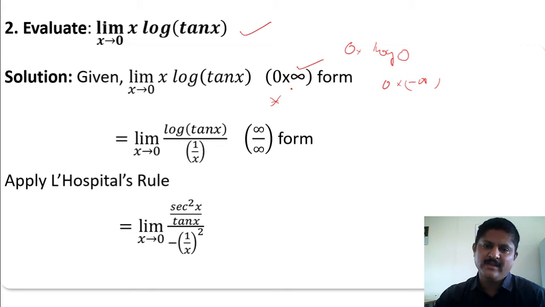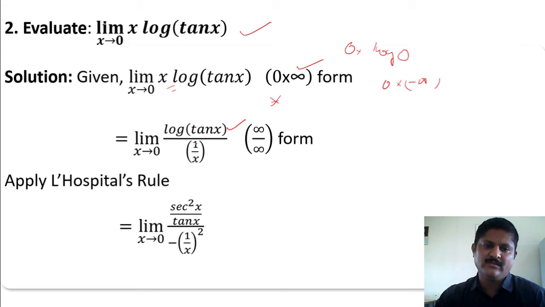In this case, we write log of tan x as it is, and x can be written as 1 divided by 1 by x. Then the problem becomes, if we put x tends to 0, log of tan 0, that means log 0, which is minus infinity, divided by 1 divided by 0, which is infinity. This problem becomes infinity by infinity form.